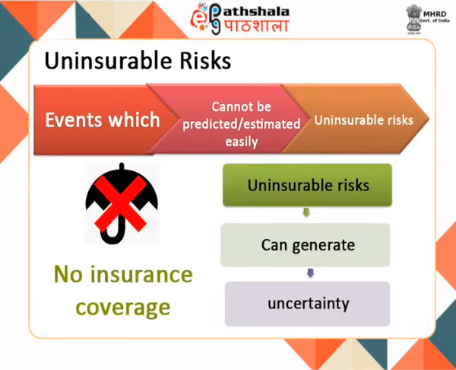However, some events which cannot be predicted or whose probability of occurrence cannot be easily estimated are known as uninsurable risks. No insurance company is ready to provide insurance coverage against these kinds of risks. Thus, these uninsurable risks can generate uncertainty in the process of production.